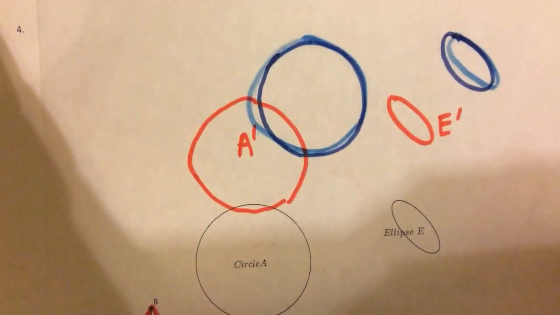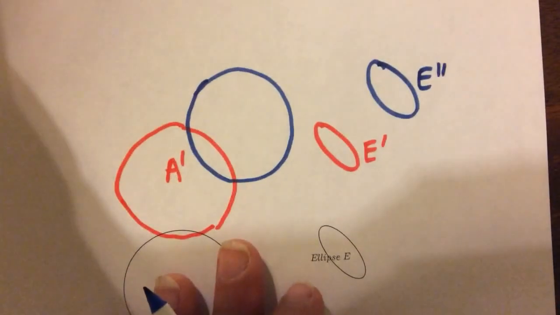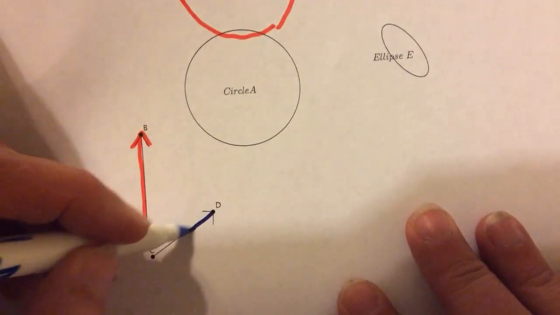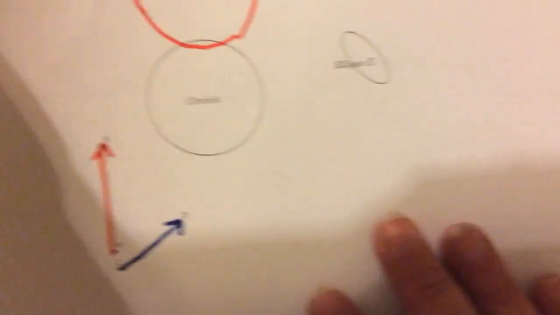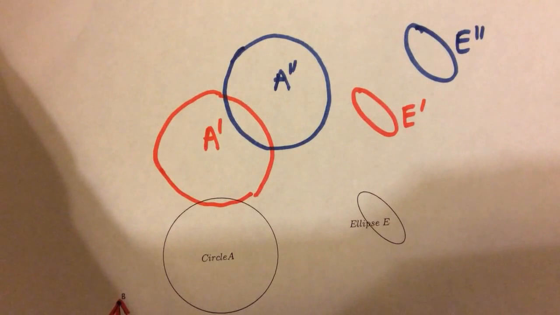Okay, pretty close. Okay, so this would be E double prime on that, and this is A double prime for this circle. And let's go ahead and make this vector blue like so. Okay, so my new series of shapes looks like that.